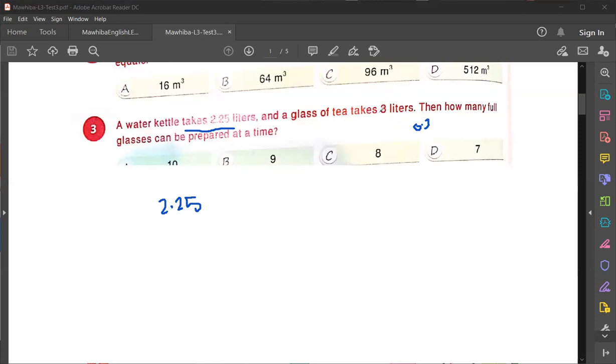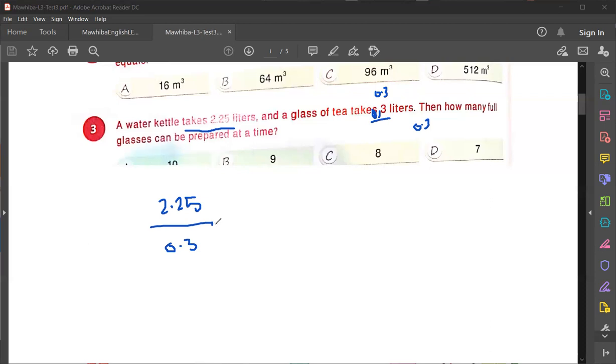You can also correct 0.3. Right. Here, the question is 0.3, not 3. So here 0.3. Then we divide by 0.3, right? Then how do you divide 2.25 by 0.3?